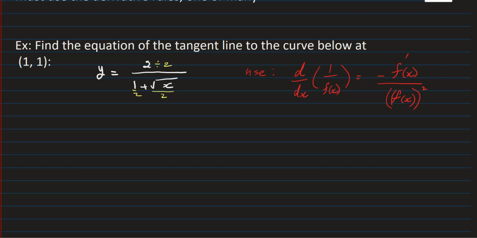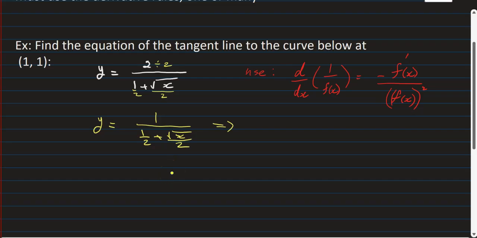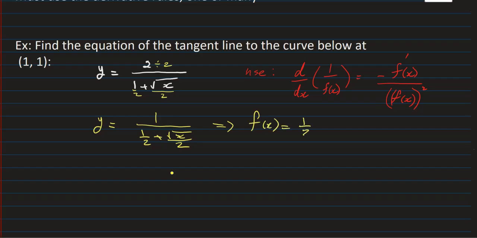What you will get is y equals 1 over 1/2 plus square root of x over 2. So in this context, our f of x is the denominator, 1/2 plus square root x over 2.